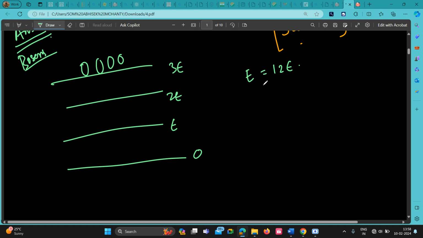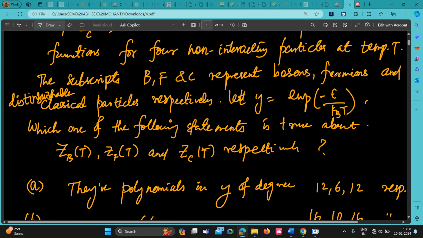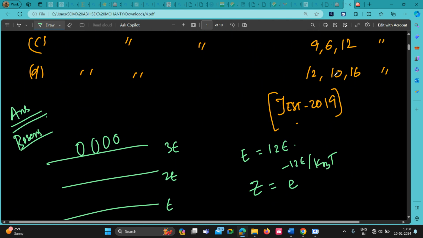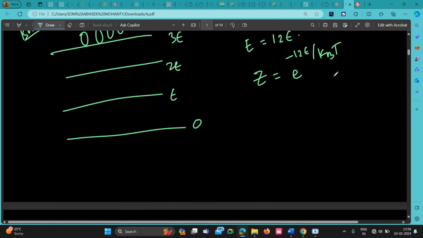So Z_B is e to the power minus 12 epsilon by kBT. And we know y is exponential of minus epsilon by kBT. So this I can write as y to the power 12, right? So for bosons, this one is 12.